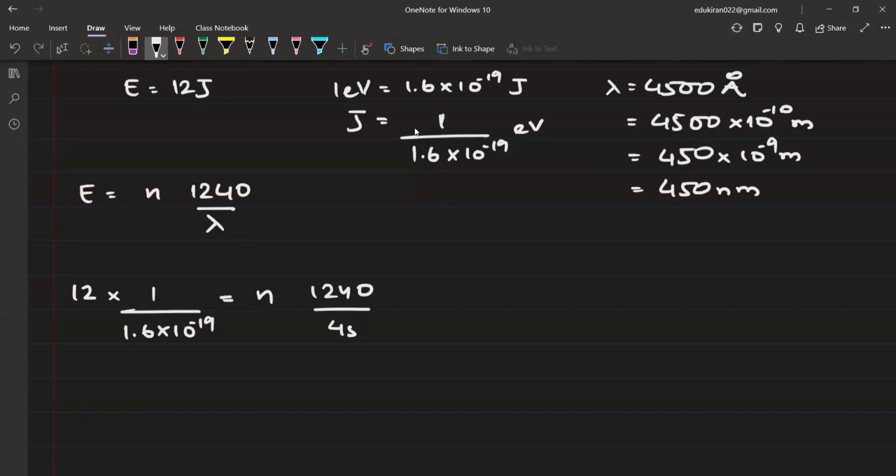Lambda is 450. Okay, now you can shift these values there. N will be equal to 12 into 450 into 10 to the power 19, because minus 19 will go above, it will become plus 19, divided by 1.6 into 1240.